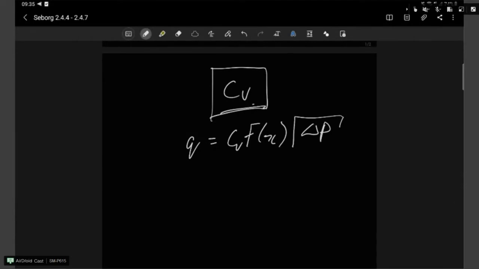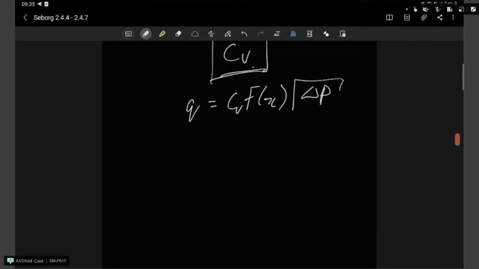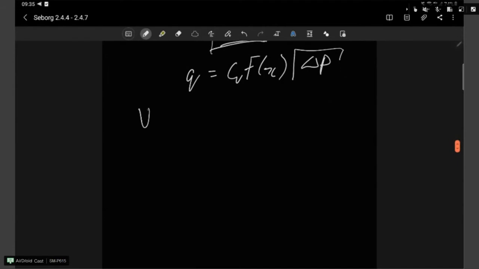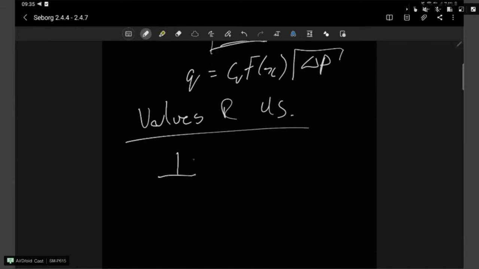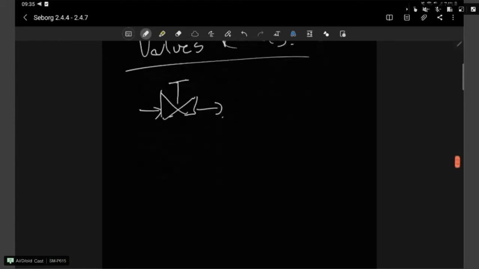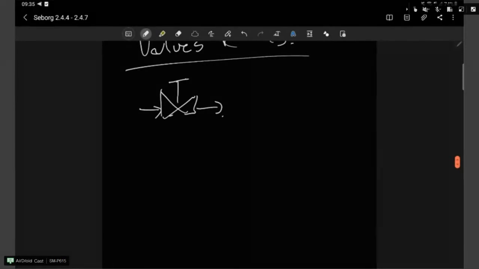Jessica, that's perfectly correct. So if, let's say, I am company Valves R Us, I built this valve and that drawing. Now I need to indicate to my clients what the valve characteristic is, so I need to determine that value.